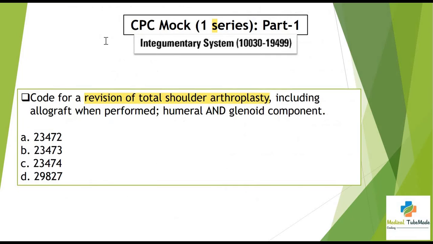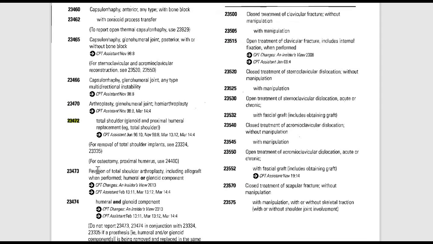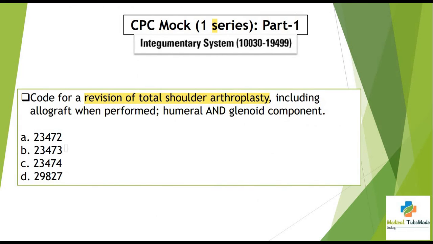In our question they have mentioned revision of total shoulder arthroplasty, so revision means we will go with the revision only. Revision of total shoulder arthroplasty, including allograft when performed, humeral or glenoid component. So humeral and glenoid component is more appropriate.